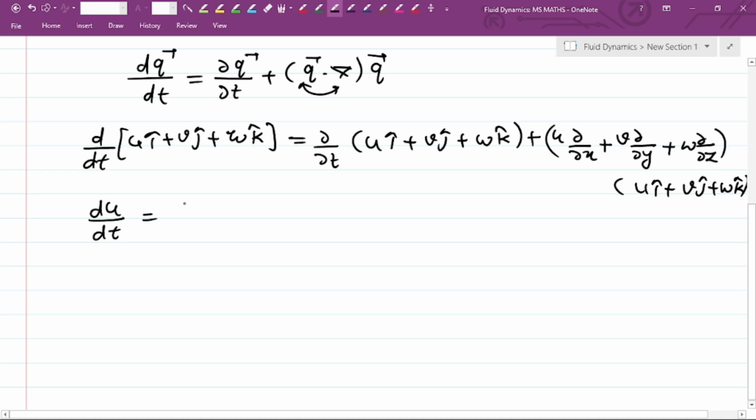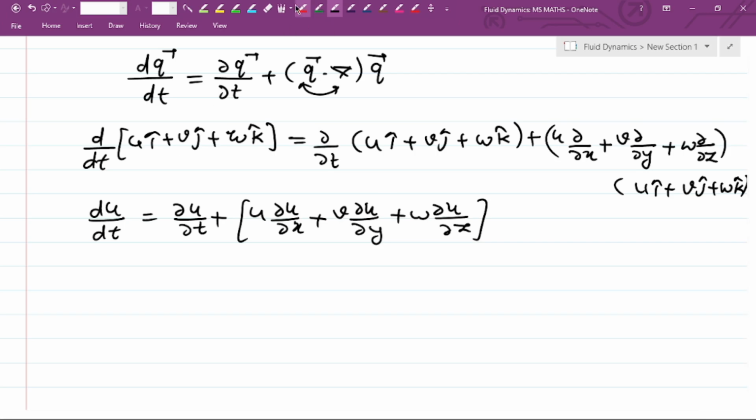Now, on comparing, du by dt is basically dou u by dou t, the coefficient of i cap, plus u dou u by dou x plus v dou u by dou y plus w dou u by dou z.